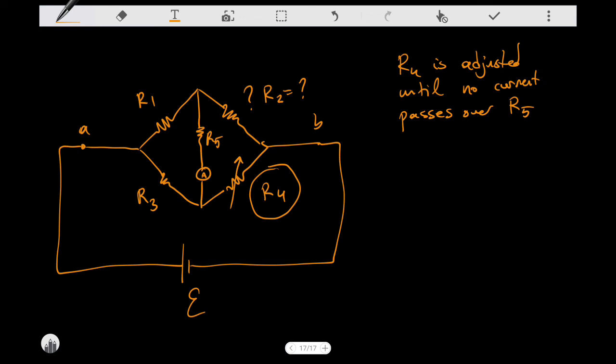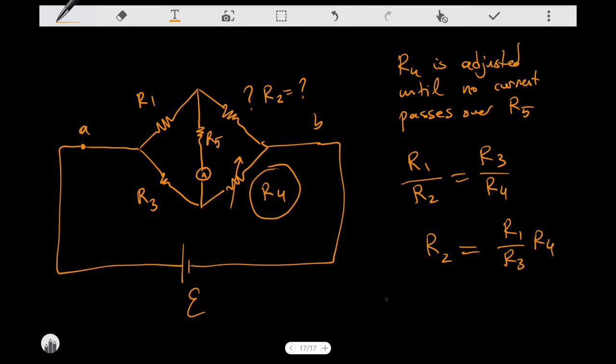And in that case, of course, this ratio should be satisfied. R1 divided by R2 is equal to R3 divided by R4. So as a result, we can express R2 in terms of other quantities. So that's R1 over R3 times R4, right? So that's one way of measuring the resistance of an unknown resistor.